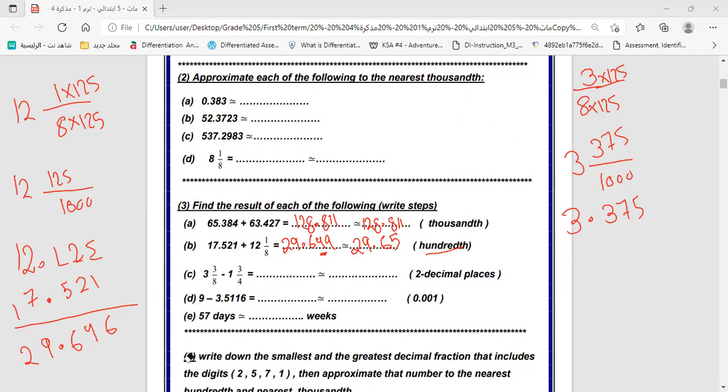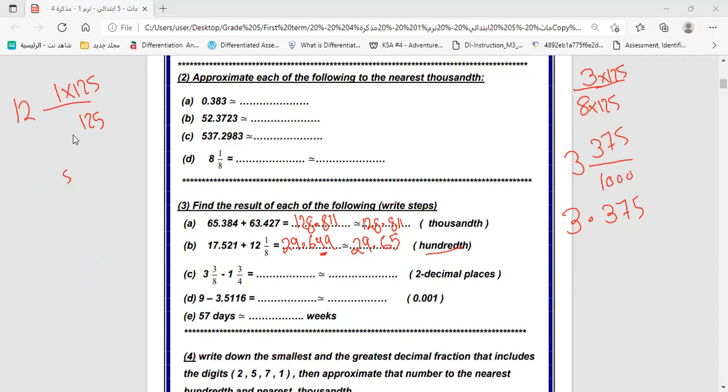Let's do the second one. 1 and 3 over 4. Keep 1 as it is and change the 3 over 4 as a decimal. Fine. How to do it? 3 over 4. 4 is a friend of 25, if you remember. We multiply by 25 up and down. It will be 100 down and 75 up.